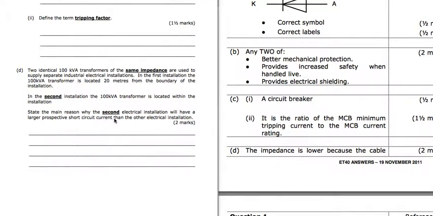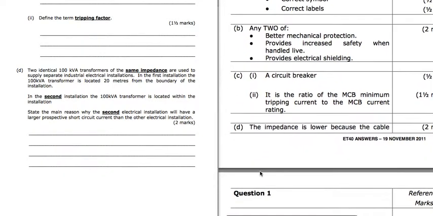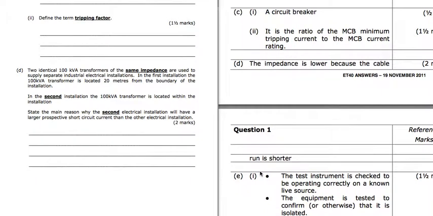State the main reason why the second electrical installation, so the close one, will have a larger prospective short circuit current than the other installation. Well, it's going to have a lower impedance because the cable run is shorter, and so for a lower impedance we're going to get a higher prospective fault current because that current is going to be V over this impedance.